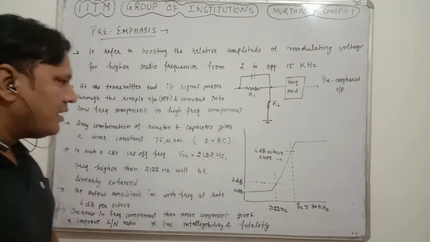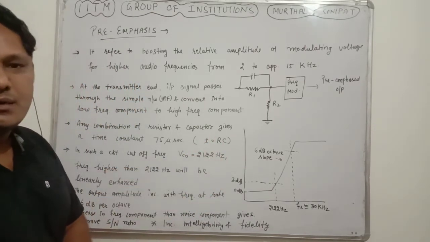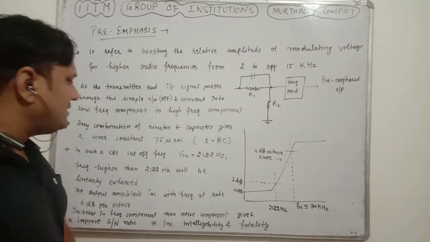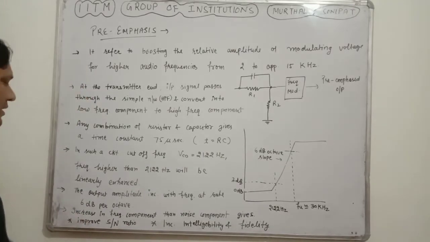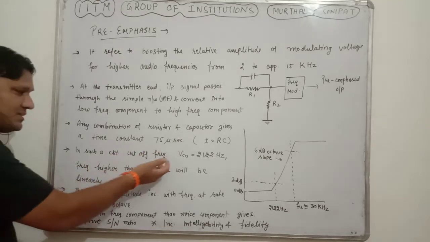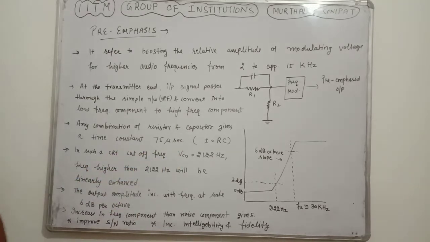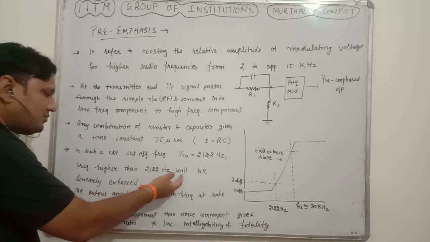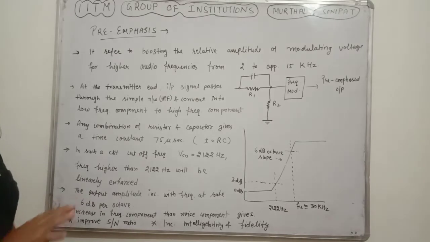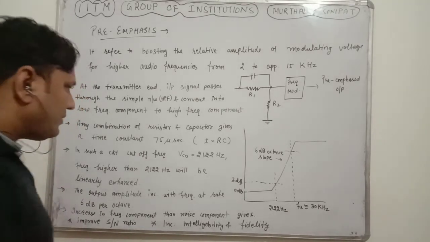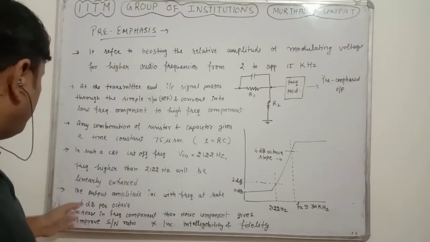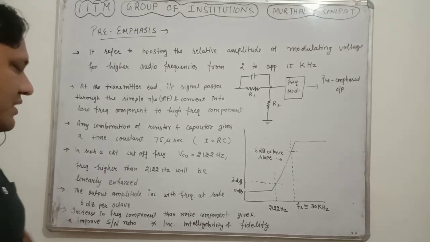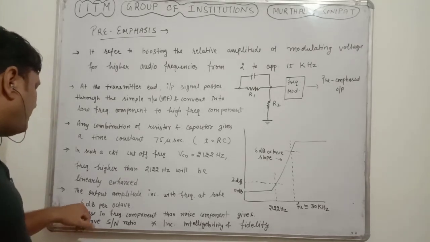In such a circuit, a cutoff frequency of 2122 Hz means frequencies higher than 2122 Hz will be linearly enhanced. The output amplitude increases at a rate of 6 dB per octave. From this and this, 6 dB per octave.